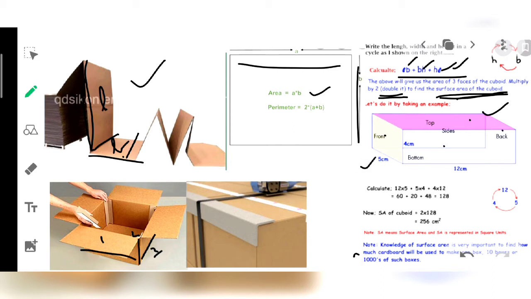In this example, you can see the cuboid which has 6 faces: top, bottom, sides, front and back. These have many vertices and many edges. When we calculate using the 3 dimensions, that is height, breadth and length of the cuboid, we get the surface area of the cuboid.